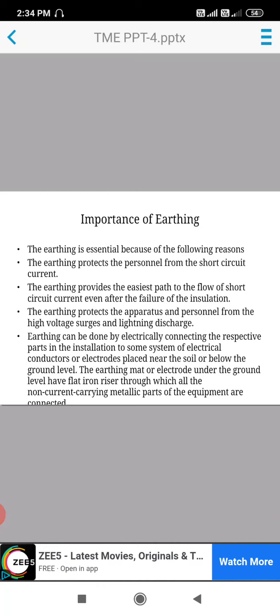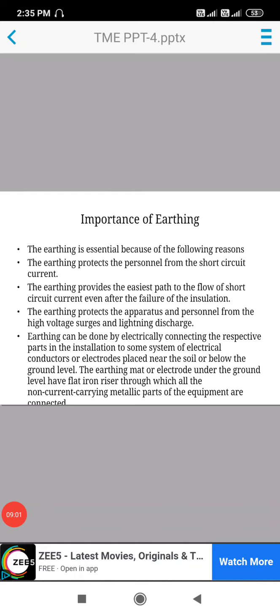Earthing protects the person from the short circuit current. Earthing provides the easiest path for the flow of short circuit current even after the failure of the insulation. Earthing protects the apparatus as well as personnel from high voltage surges and lightning discharges.